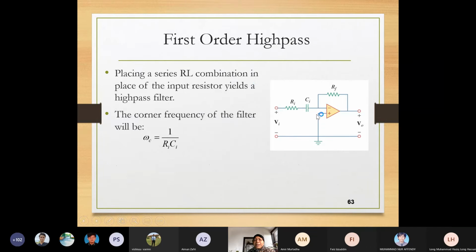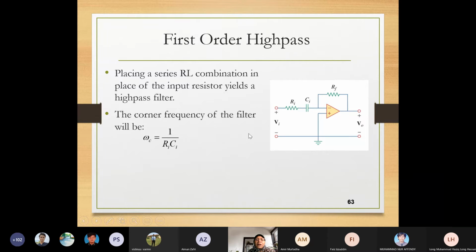For the high pass filter, the capacitor you put in the input section, and the feedback only has RF connecting the output to the input side, and the cutoff is again 1 over RC.